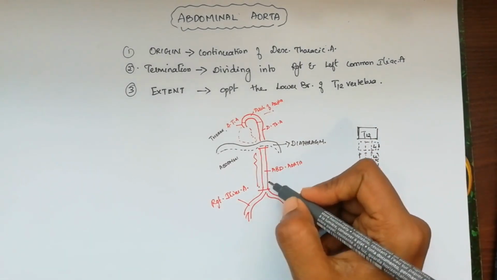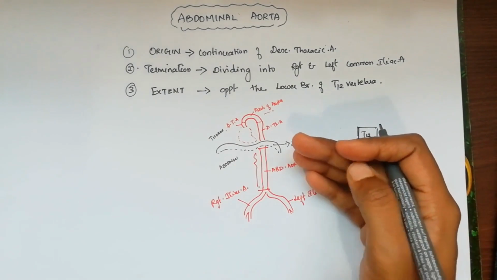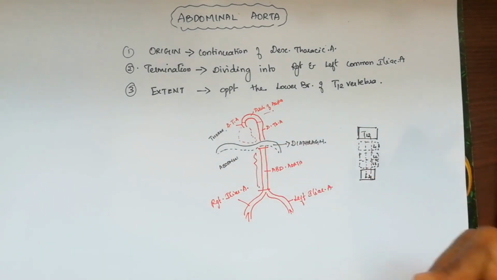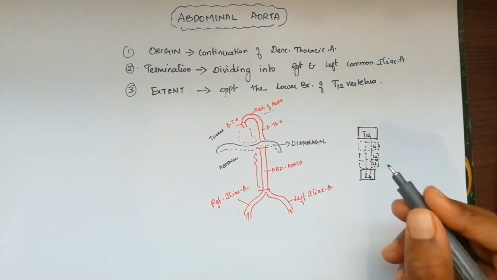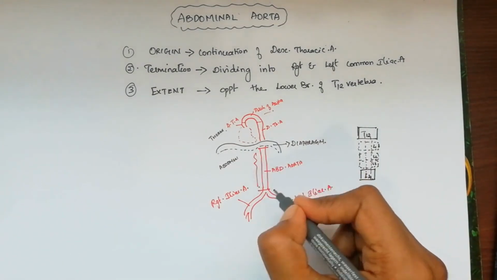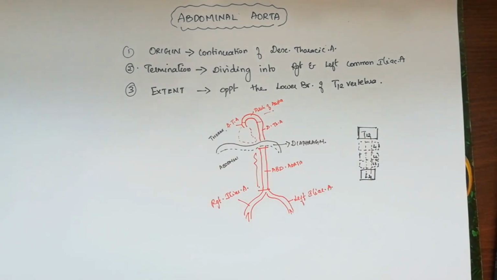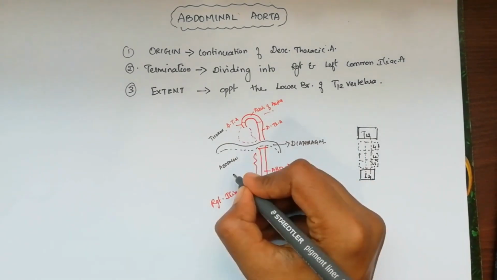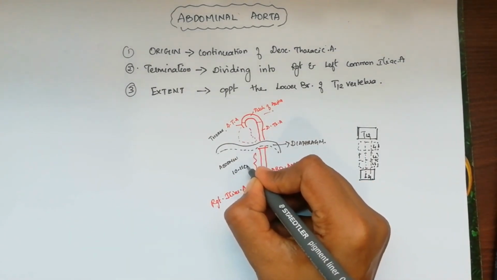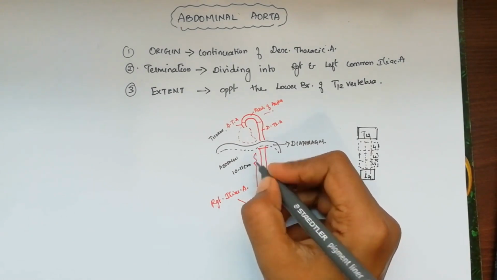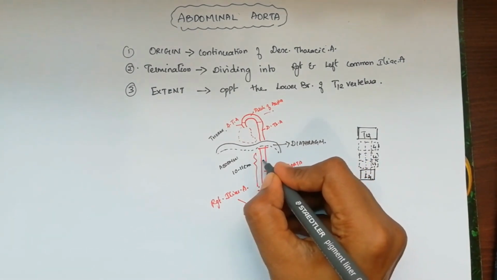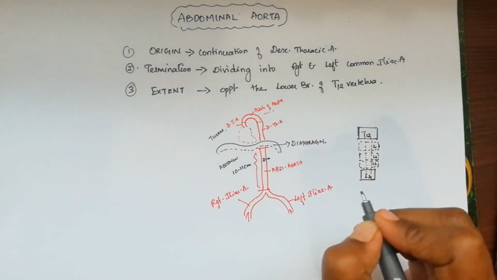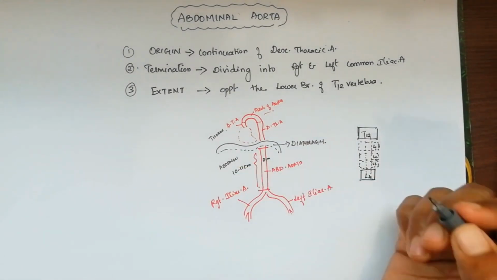Behind this abdominal aorta we have the back region, where we have the vertebral column, and these are the vertebrae to which it is related. Now, talking about the length of the abdominal aorta, it extends from T12 to L4 vertebra, which will be around 10 to 11 centimeters. The breadth of the artery is 2 centimeters.